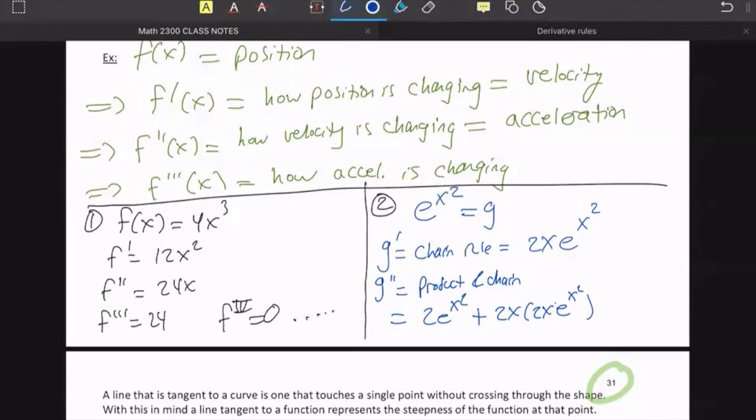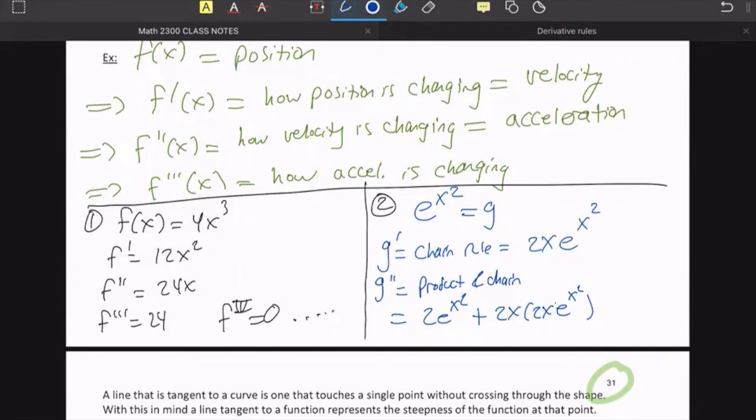Make sure that looks okay, yeah. And then if we did a third derivative, it'd be even worse because you have two terms: a chain rule, a product rule, and inside that second product rule is a chain rule. So it's just going to snowball and keep getting bigger and bigger.